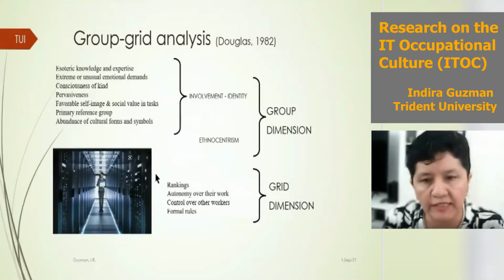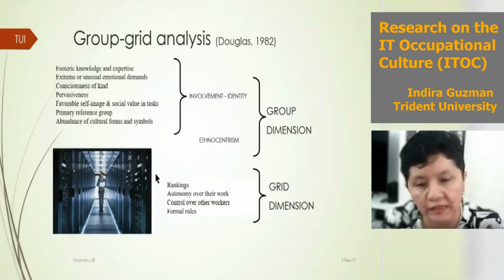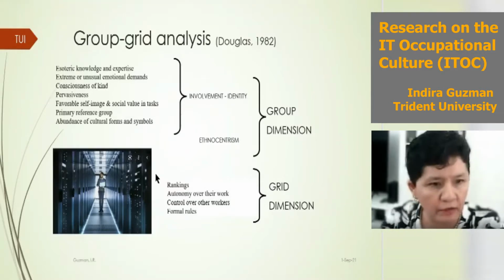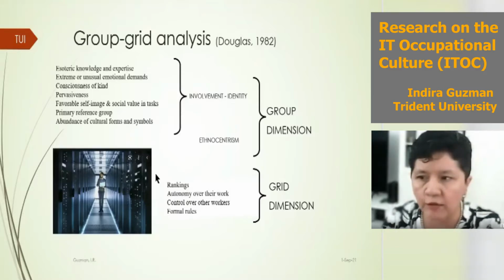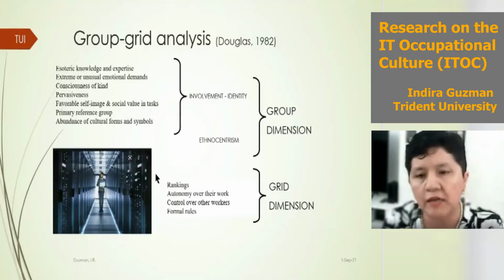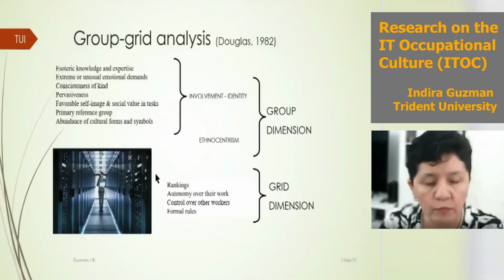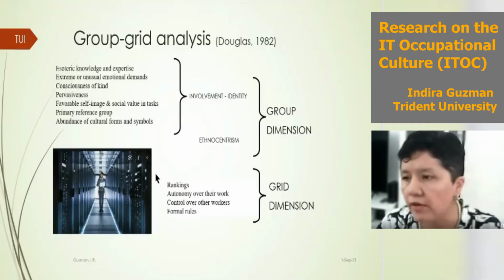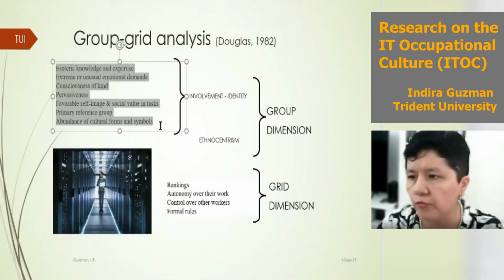I mean, understanding that there are things that people in groups will have in common, but also things that will separate the group from other groups. So that's the group and grid dimensions. Group meaning what are the things that make us a group, and eventually that's what is going to form the culture.